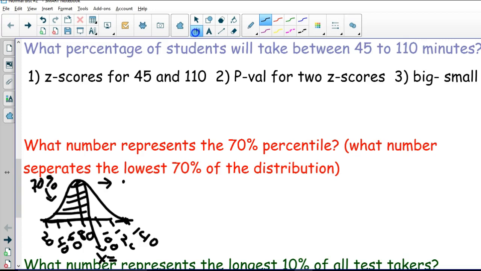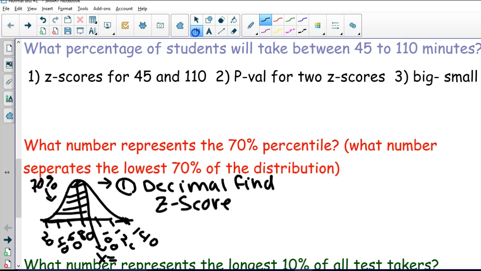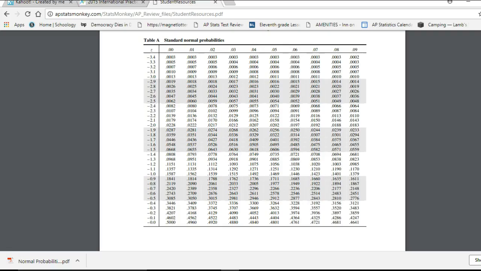We need to first change it to a decimal, and then we need to find the z-score that goes with the percentile. So do that now. Did we already do the 70th percentile or no? Okay, so we're going to go to our chart.